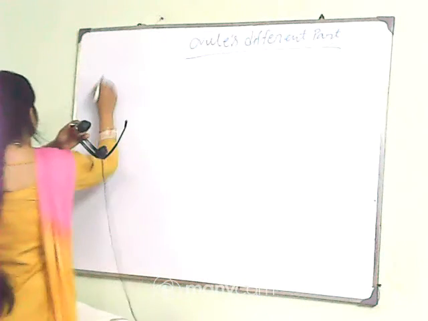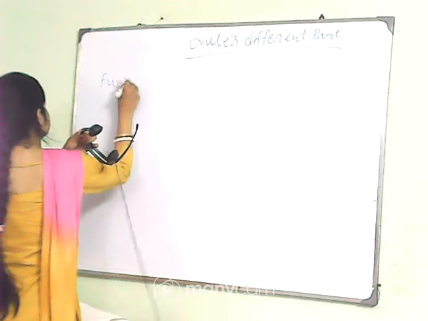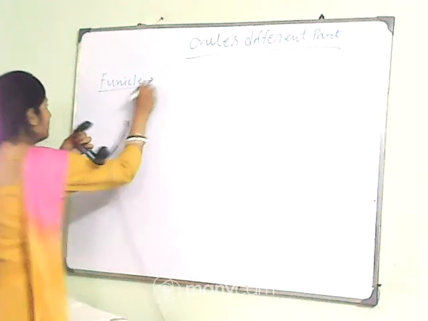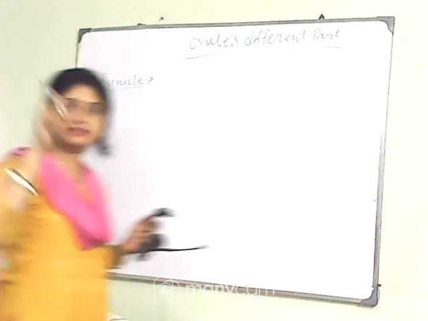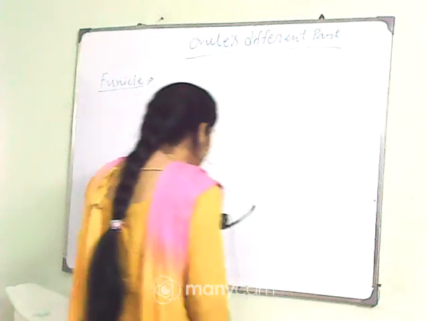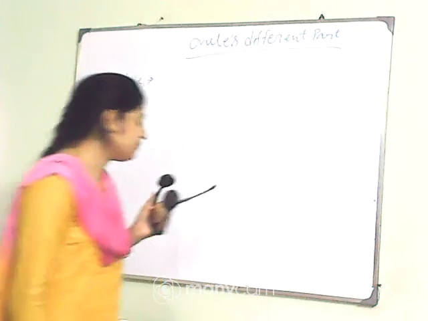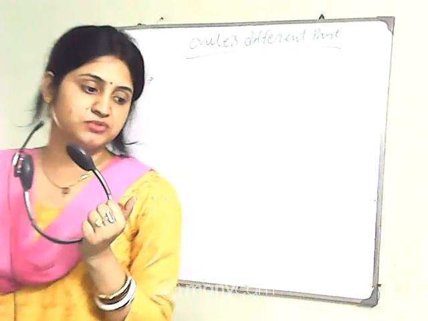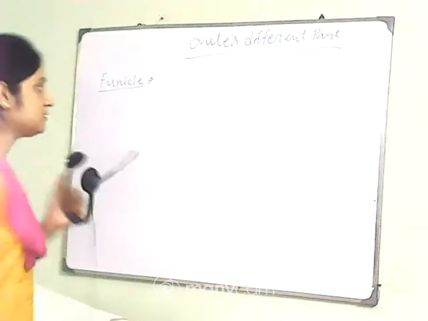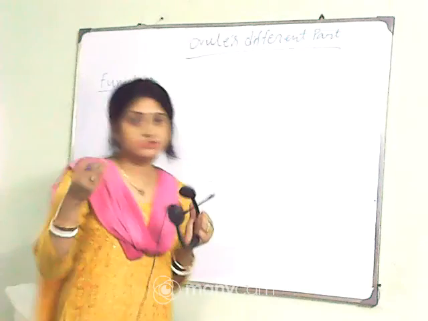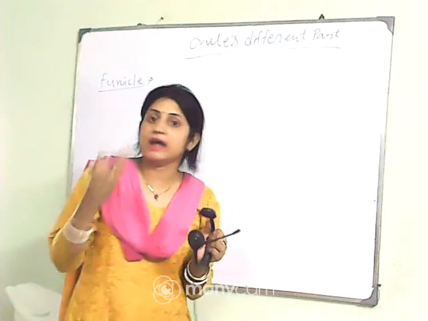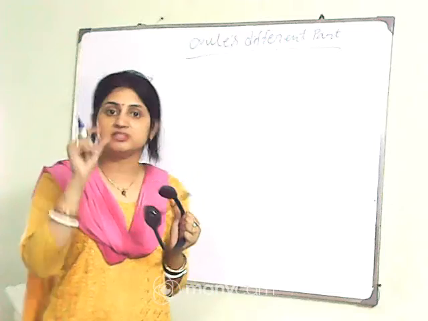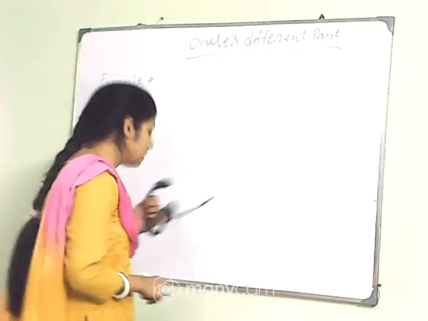What is funicle? You know that it is a stalk-like structure. The ovule is attached to the placenta by a stalk called the funicle. You know that the ovule arises from the placenta, so the ovule is attached to the placenta by a stalk-like structure, which is known as the funicle.